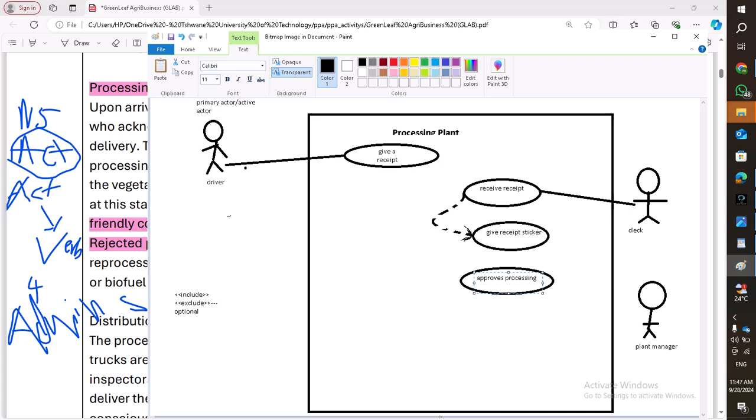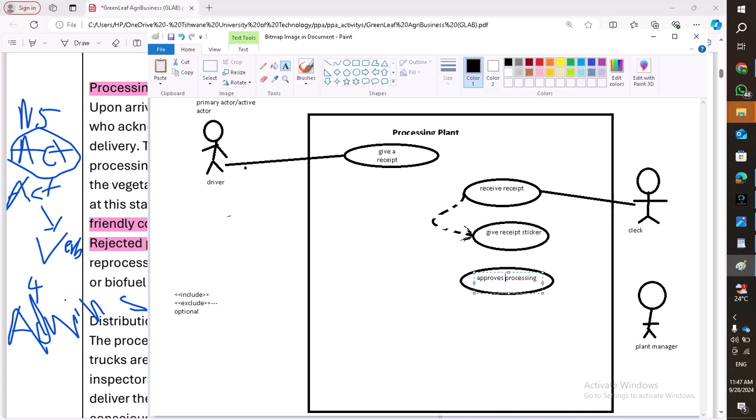I'll put it like this. Now I'm connecting the use case and the actor. These are our actors.